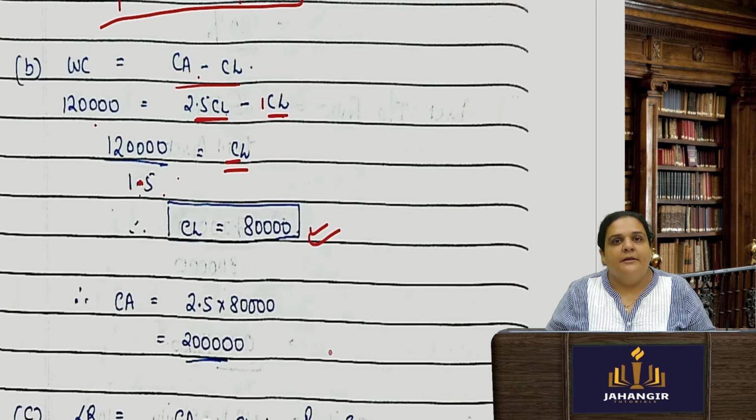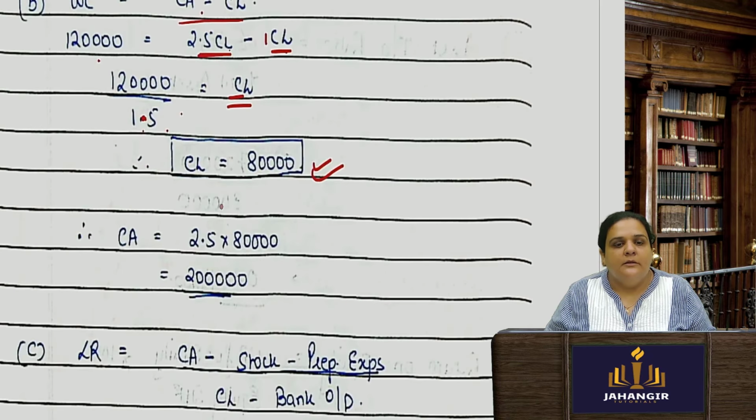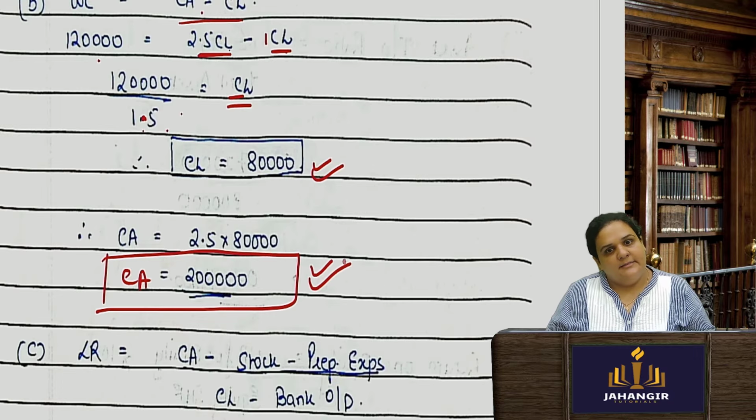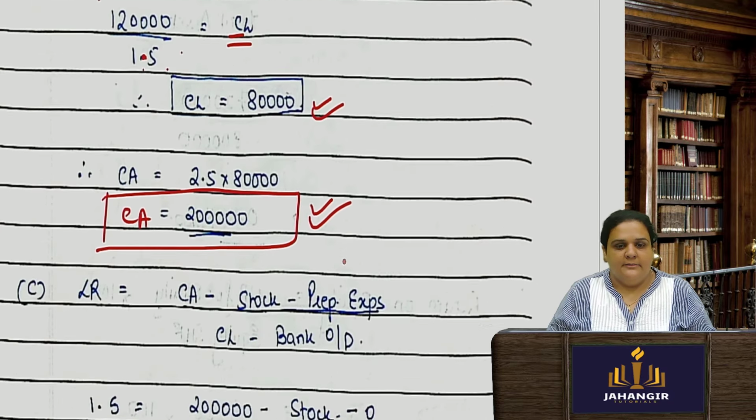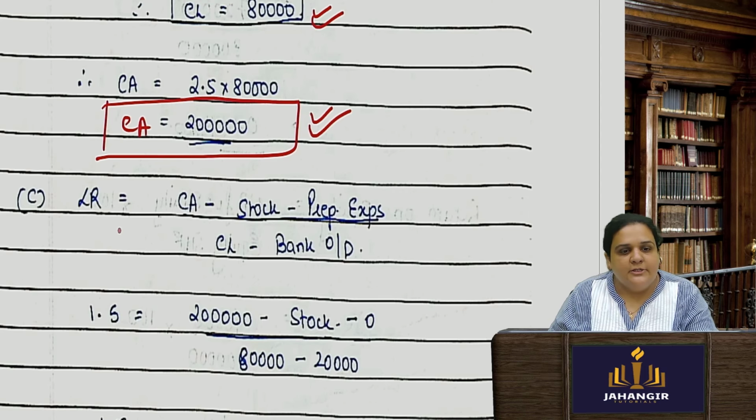So current liability figure is done. That I can put in this equation, 2.5 into 80,000. That will give me my current assets. So I got current assets, I got my current liabilities. Now in case of liquid ratio, I need stock, right? Liquid ratio is given. Current assets we just found out. Stock we don't know. Prepaid expenses is 0.